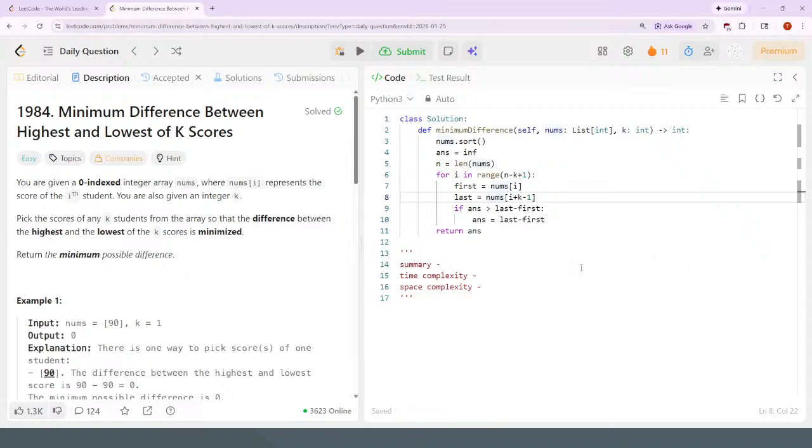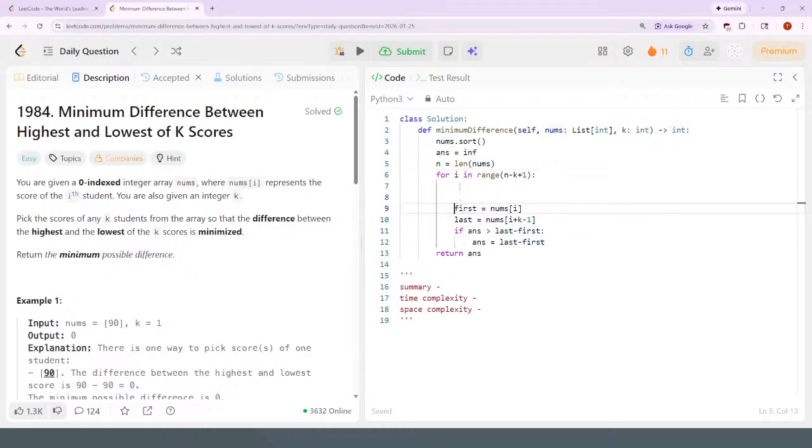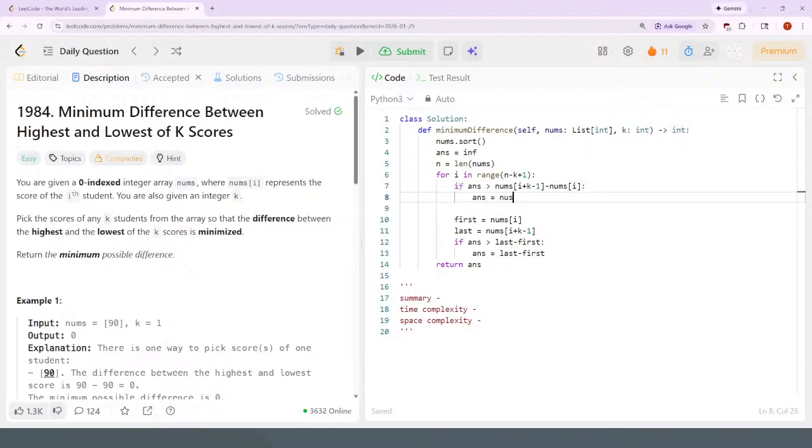I think maybe I can not define the variables here and just use straight indexing, because it does take two statements to do these. So if answer is greater than nums[i + k - 1] minus nums[i], answer equals nums[i + k - 1] minus nums[i].